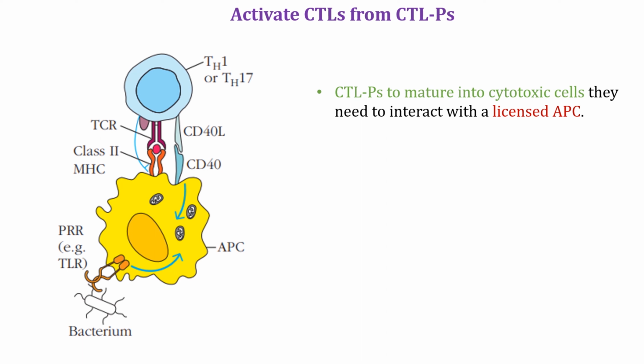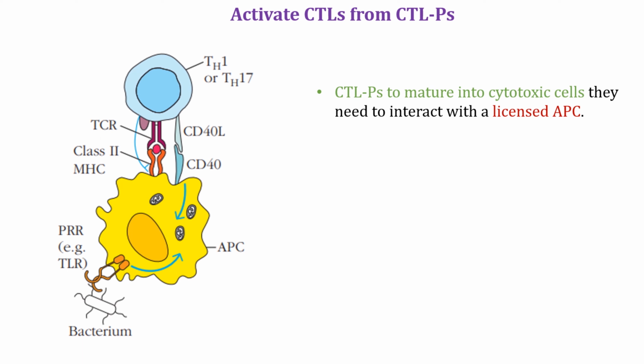So CTL precursors, that means now CTL, mature into cytotoxic cells, and they need to interact with the licensed APCs. Licensed APCs, the antigen presenting cells, may be macrophages, B cells or dendritic cells. Here we take the example of dendritic cells.